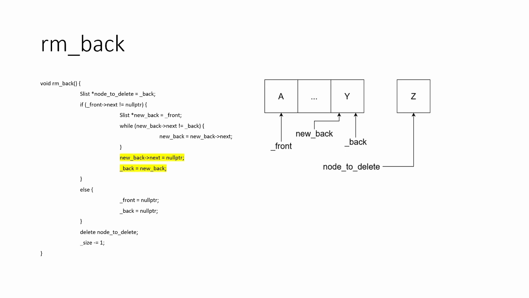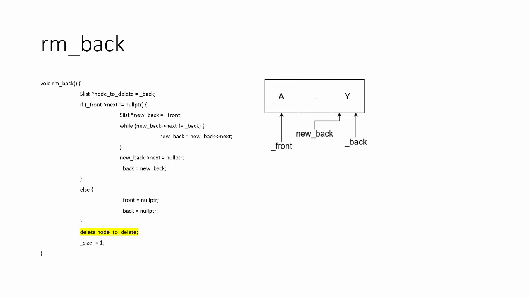And I set back equal to new back, thus essentially removing all links to Z. And once that's done, it's safe to delete it. I can call the delete keyword and delete that node. And I've removed the back, while having my back pointer pointing to what was the second to last element in our linked list.